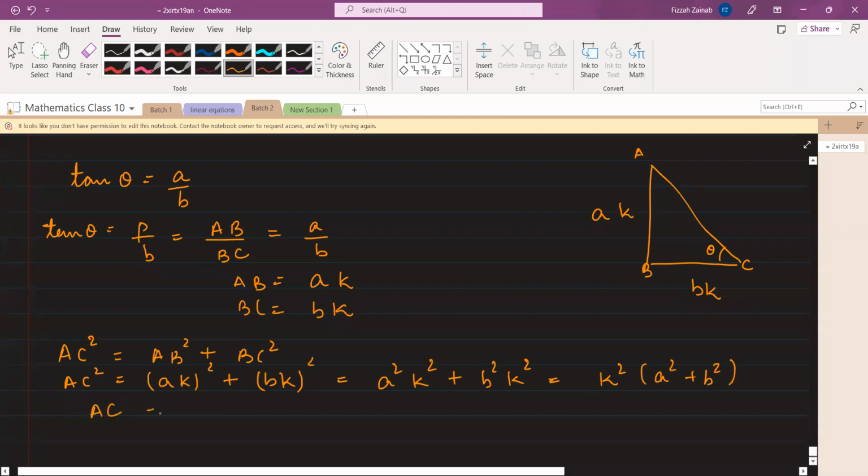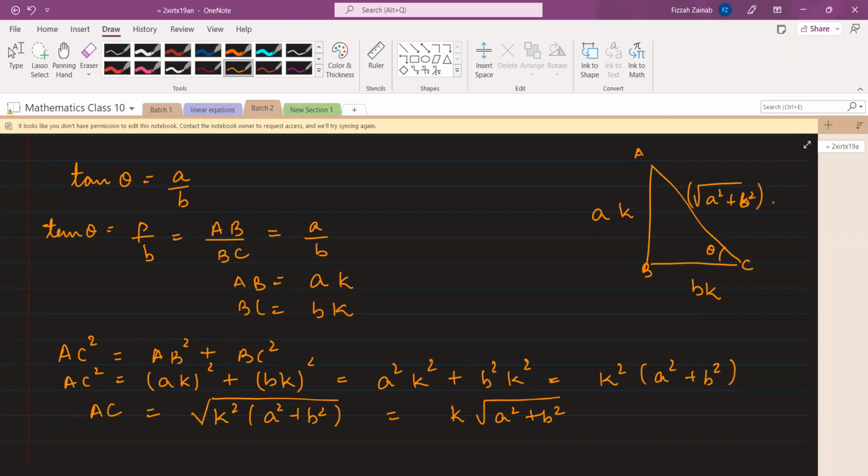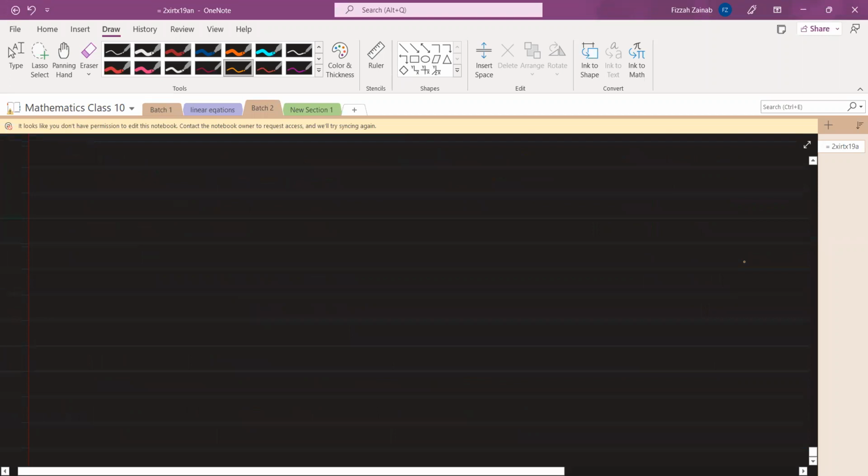So AC will be square root of this thing, which is K square into A square plus B square. So K will come outside. So K into square root of A square plus B square, right? So the third side, that is the hypotenuse, is under root A square plus B square into K. Now you can find the other ratios.